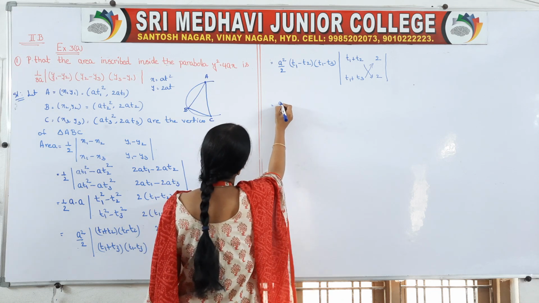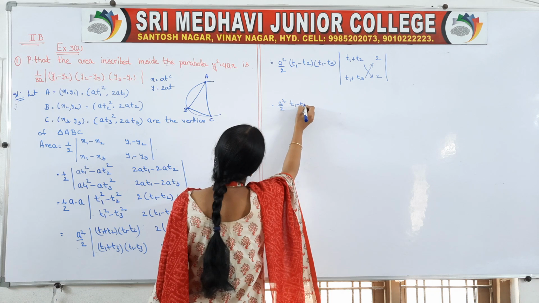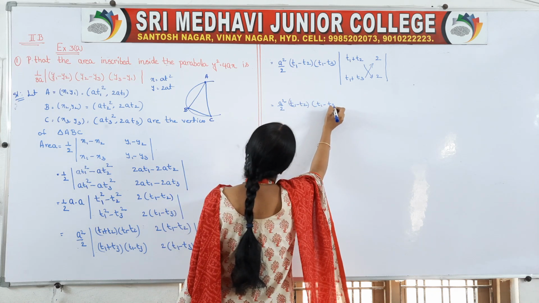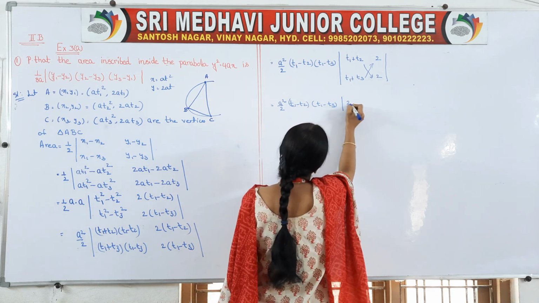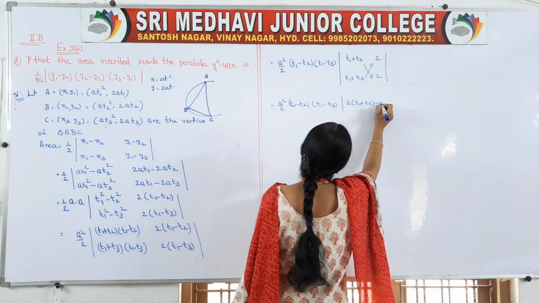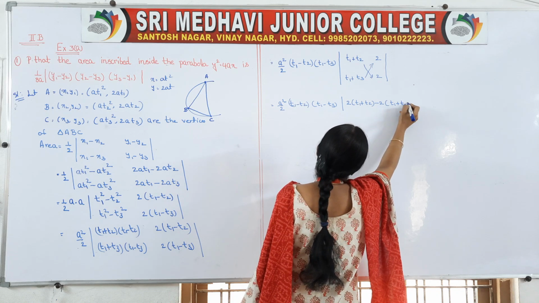So it is equal to a square by 2 into t1 minus t2 into t1 minus t3 into modulus of, come on, 2 into t1 plus t2 minus 2 into t1 plus t3.